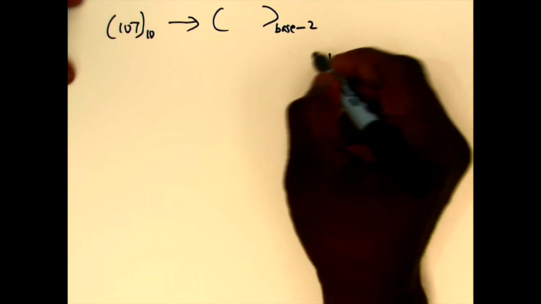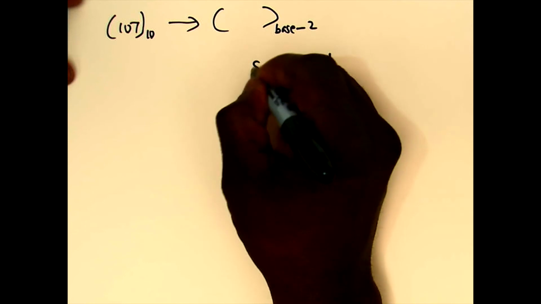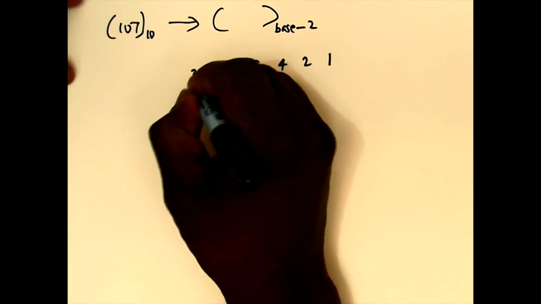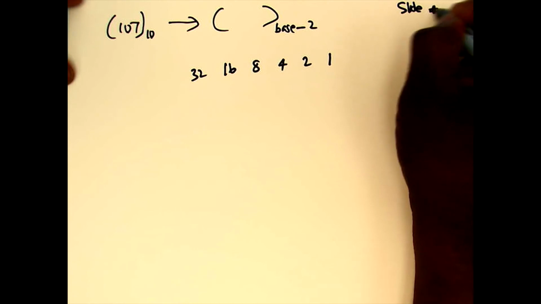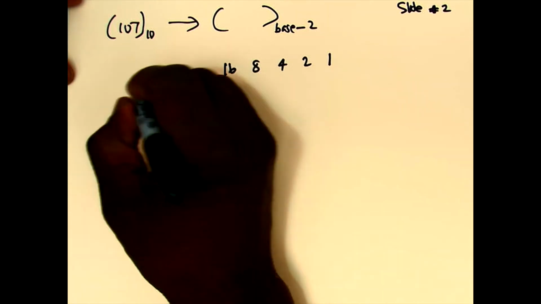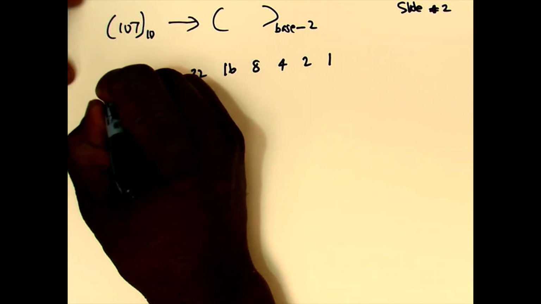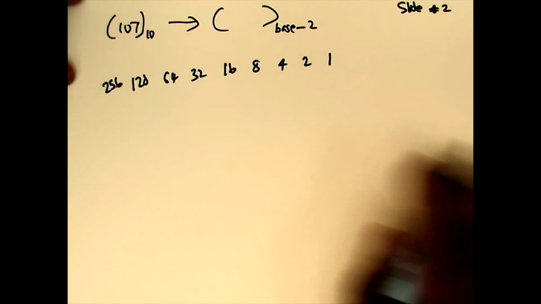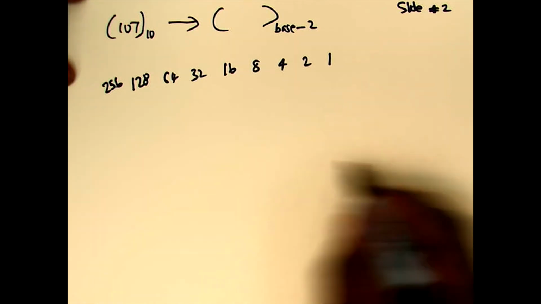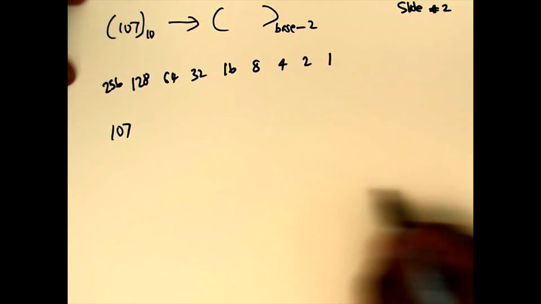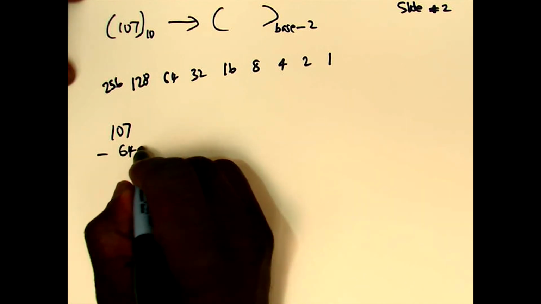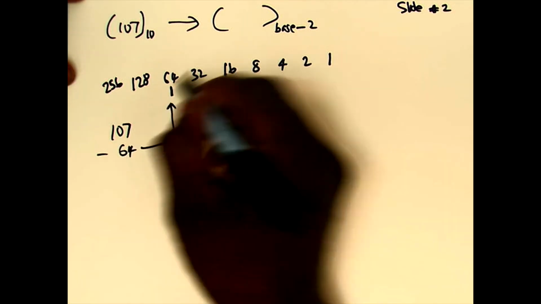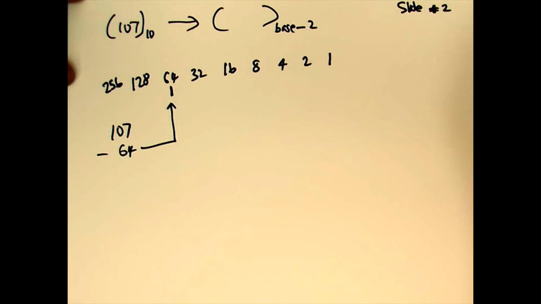So I line up my powers of 2, so I know that we have enough. I take 107. What's the highest power I can deduct from it? 64. We use 64, so I put 1 under it.